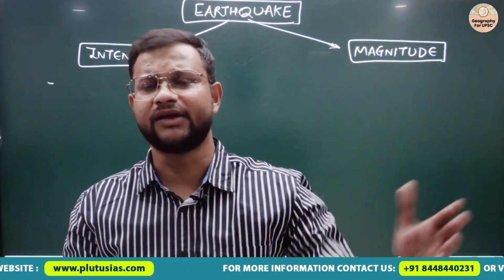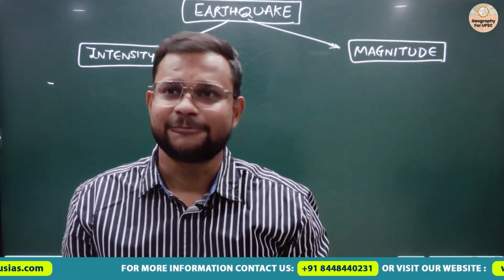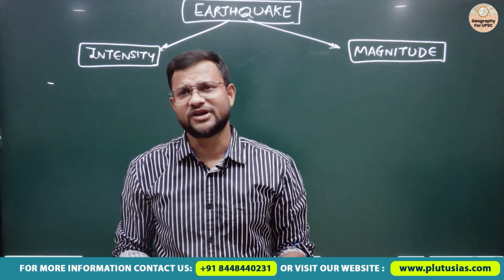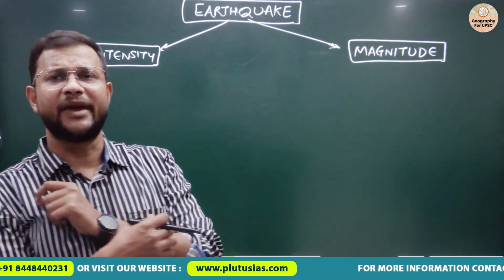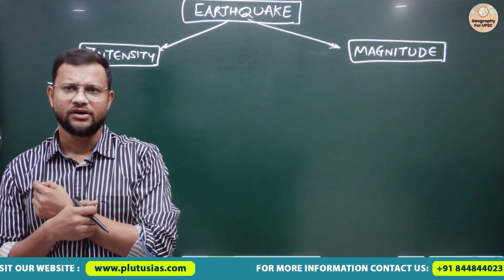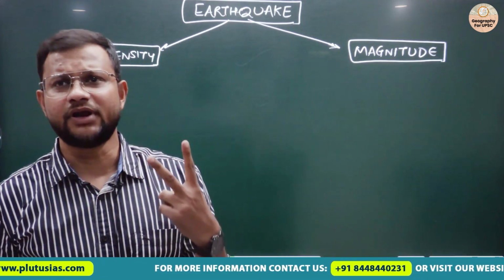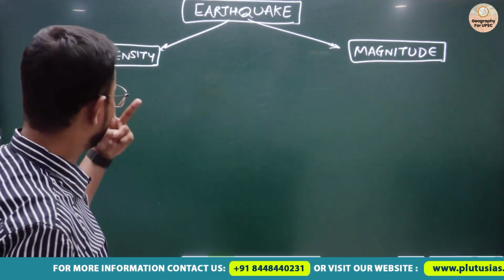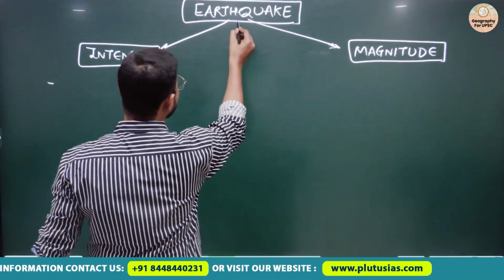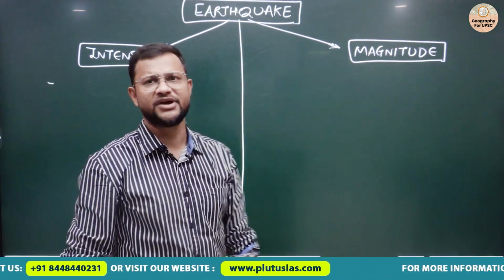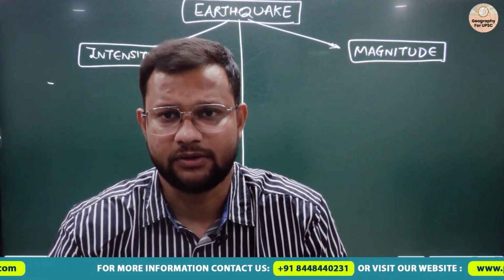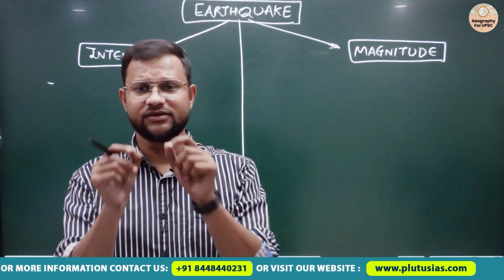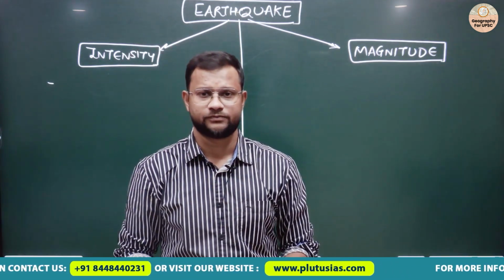Now, अब इसके बीच में generally there is a confusion that while measuring an earthquake, there are two different terms that are always considered. The one is intensity of earthquake and the other is magnitude of the earthquake. So, what exactly is the difference between these two?